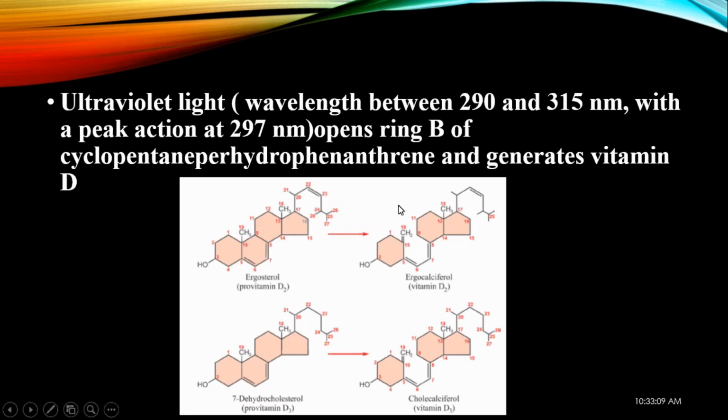We should remember the wavelength necessary to convert these provitamins to vitamins, which is between 290 and 315.